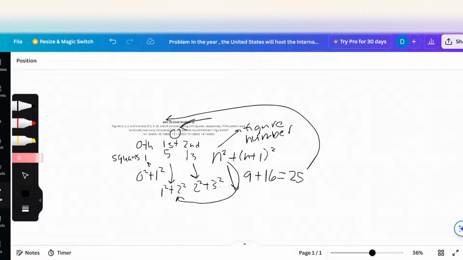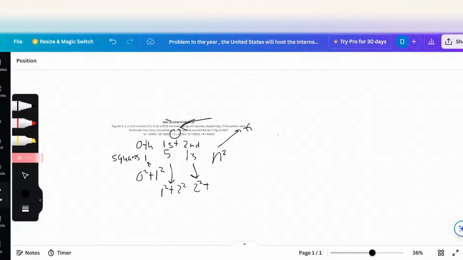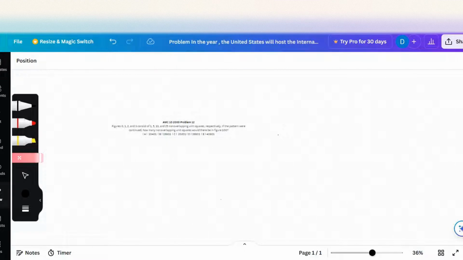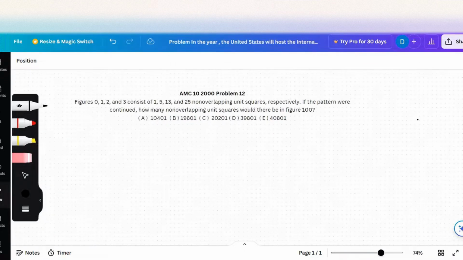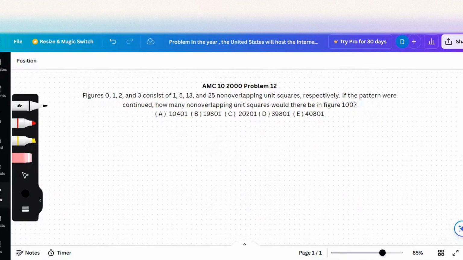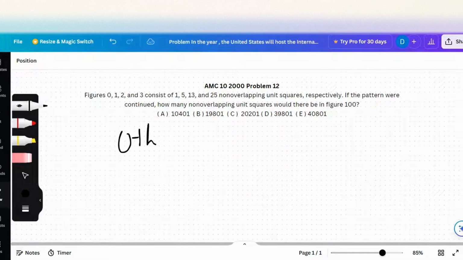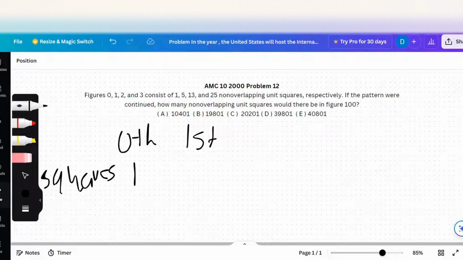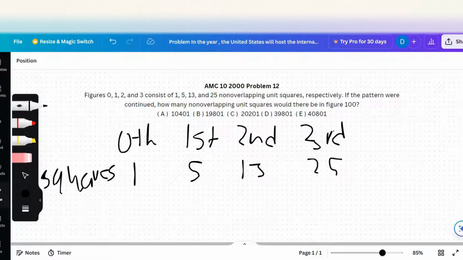So, if you didn't see that off the bat, then I'm pretty sure you saw a different approach, and this is using an arithmetic sequence. The 0th figure is 1, containing the number of squares, the first figure is 5, the second figure is 13, and the third figure is 25.